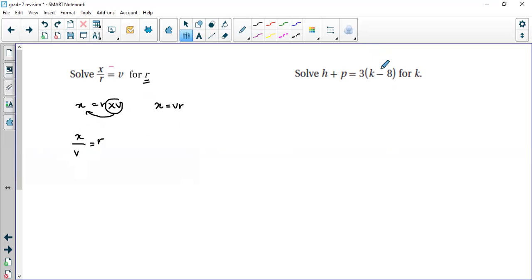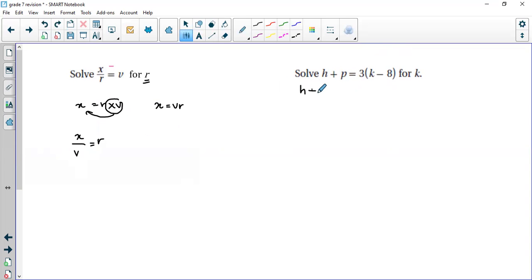Okay, this question here now, you can either solve it by opening up, by multiplying them, or you can simply remove it now itself. This means 3 multiplied by k minus 8, right? So what you can do is remove the multiply and make it a divide. I'll show you how it looks.